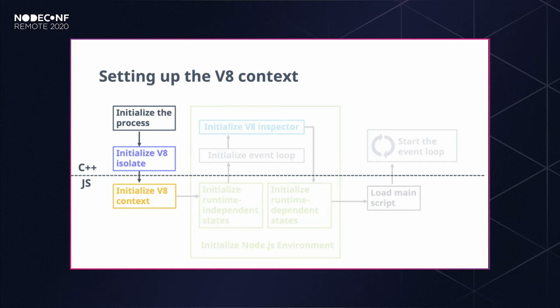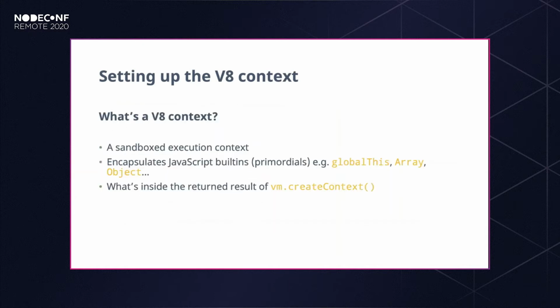After that, we are ready to execute some built-in JavaScript. For your information, about half of the Node core is written in JavaScript. To use JavaScript for further bootstrapping, we'll need to initialize a V8 context. So what is a V8 context?